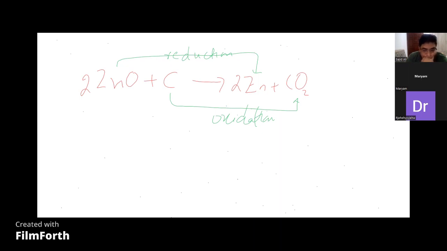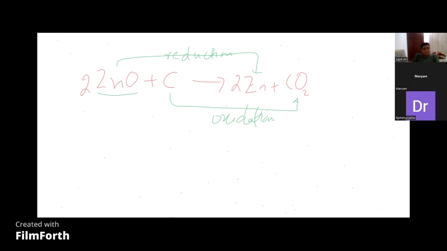Okay, so basically the zinc oxide reduces into Zn, while the carbon oxidizes into CO2. It takes the oxygen from zinc oxide to make carbon dioxide.